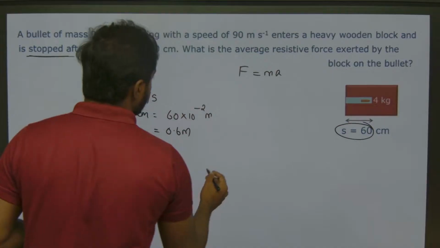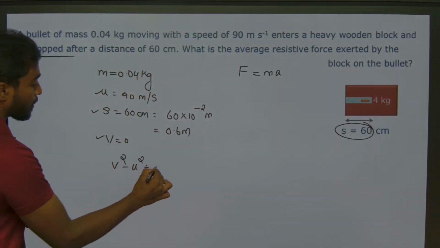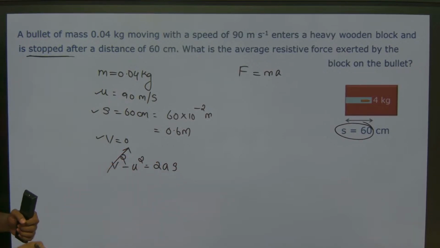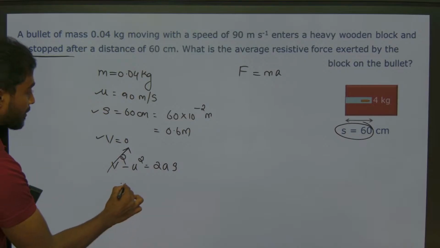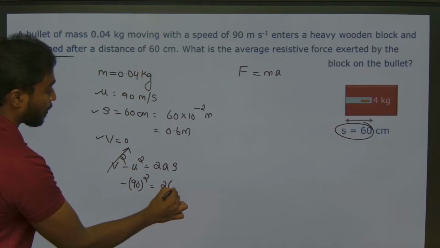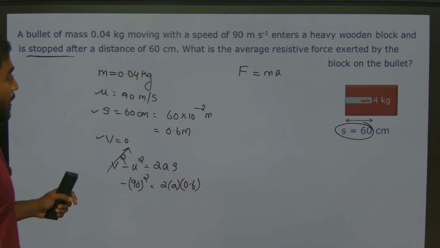From the kinematic equation, v square minus u square equals 2as, where v square I can neglect because it is 0. So minus 90 square equals 2 times acceleration into 0.6. That's it. Now what can I do here?